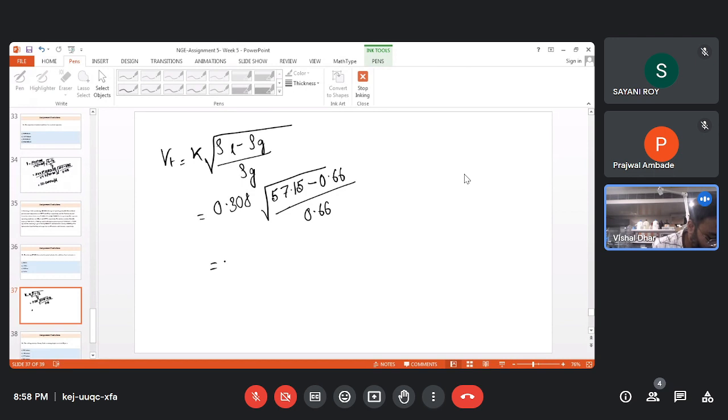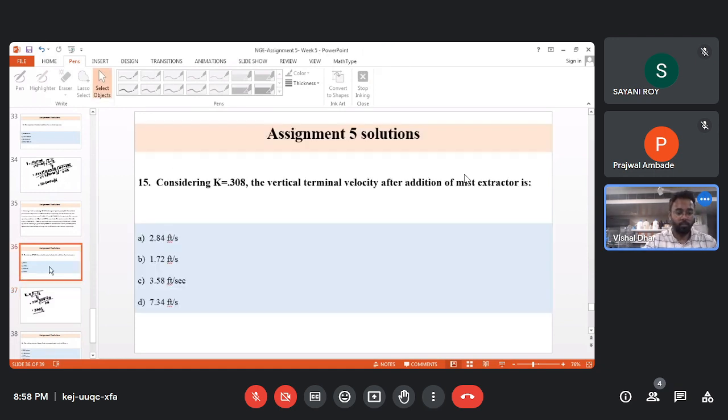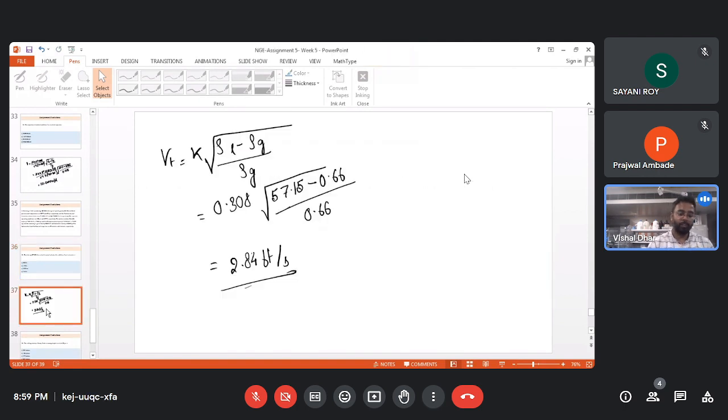So if we solve this one, we should be getting answer as 2.84 feet per second, which is option A, 2.84 feet per second. Let's write down. Next we'll be going to the next question. Last question.